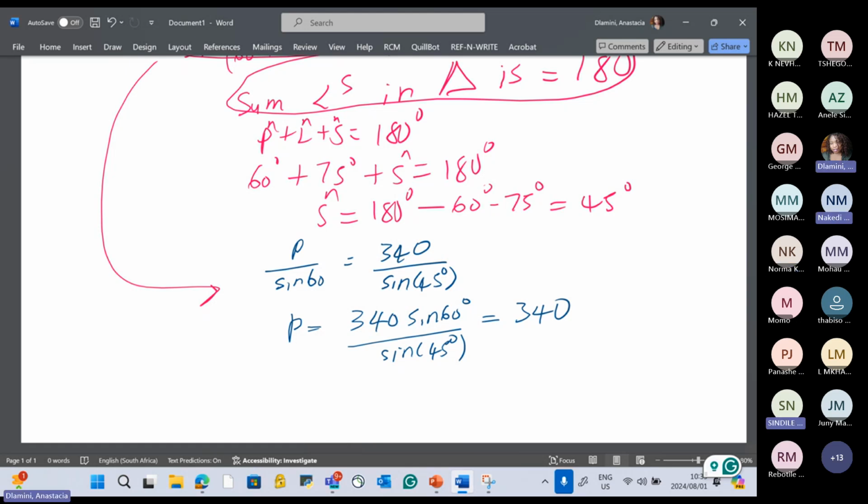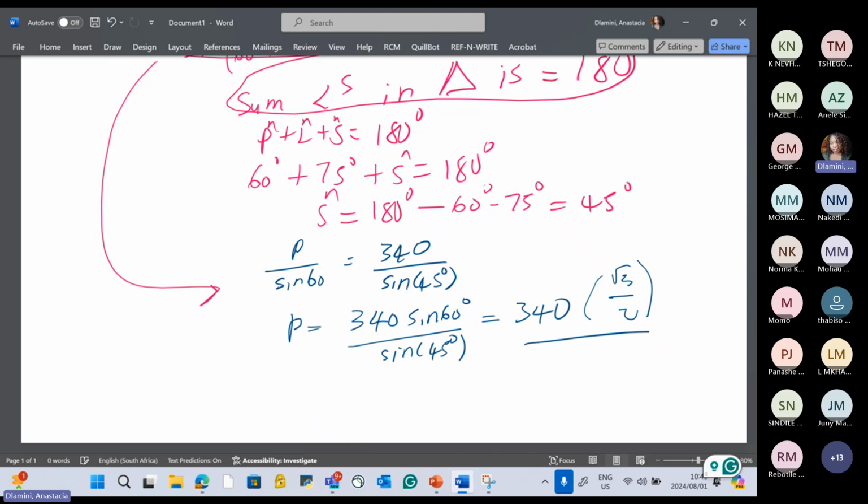Why is it pi over 3? Remember, sine of 60 degrees is the same as sine of pi over 3. What is sine of pi over 3 then? The answer is root 3 over 2.